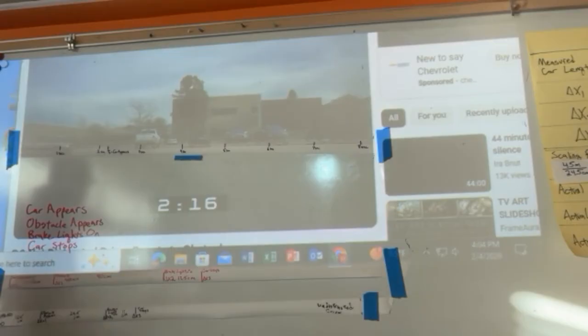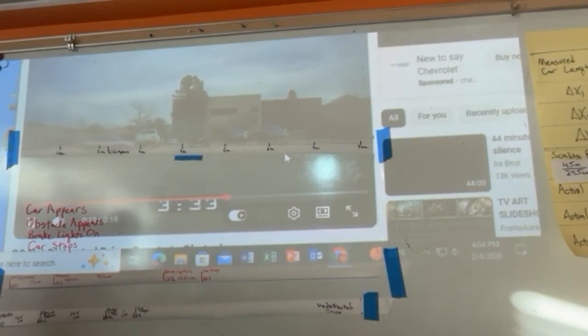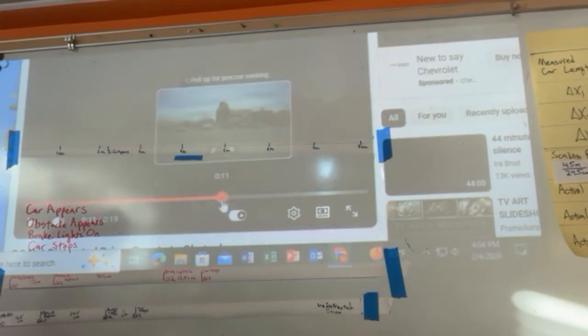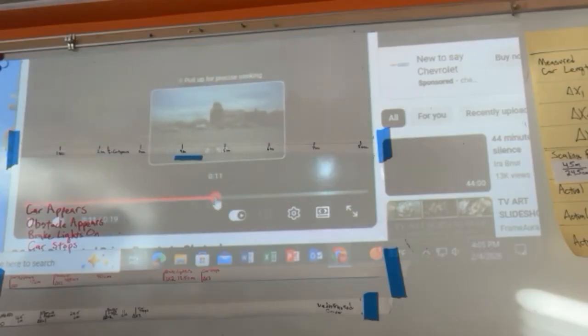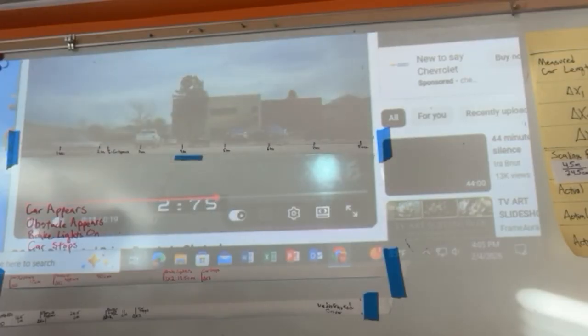Now let's find out the next position when the obstacle appears. Right before 3.33. Let's see. 2.95, still there. 2.66, not there. 2.87, still there. So about 2.9 is as close as I can get on the video.